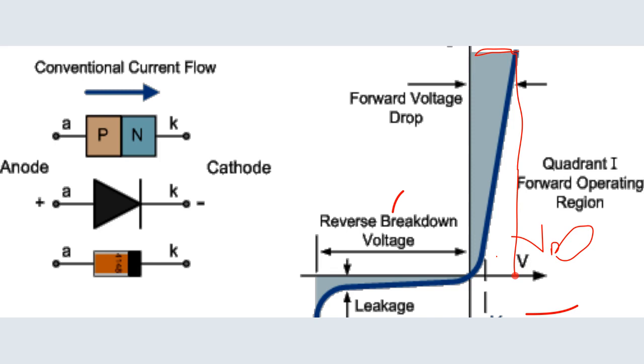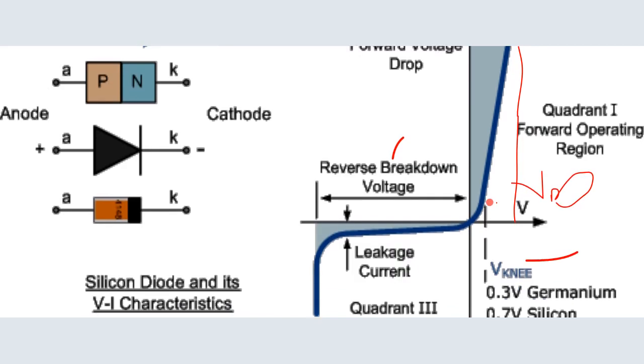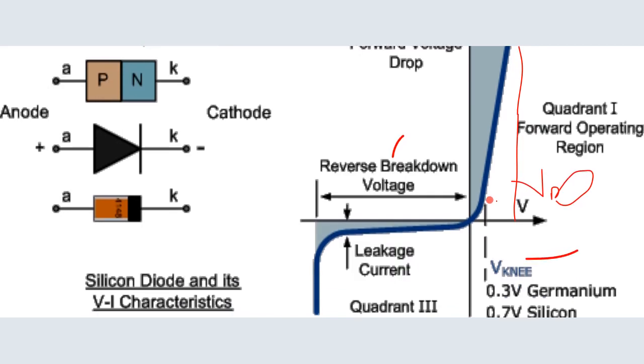There's a big gap between the amount of current and the amount of voltage. So once we overcome the knee voltage, which is the barrier potential voltage, then we don't need much voltage to keep on operating.